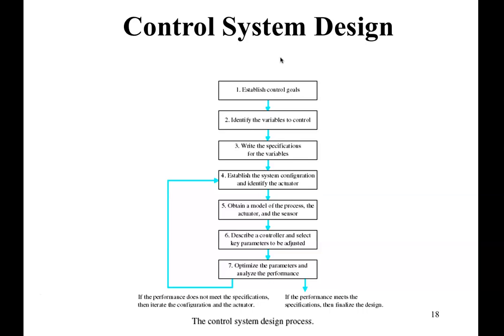And with all that, you write a specification called a design specification. Say, now I want that to behave in a certain way. What's the rise time? What's the settling time? What's the overshoot? What's the steady state error? That kind of stuff. Now, once you've done all that, then you need to understand your system better.